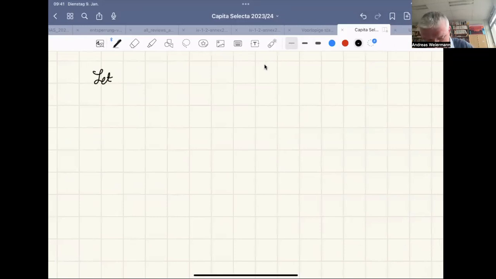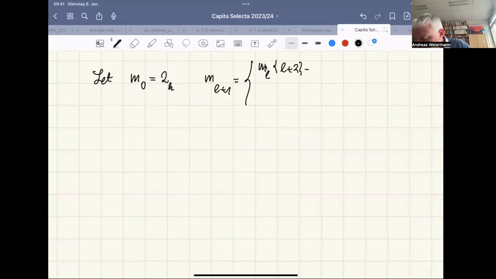Now, let M0 be equal to 2 index K, and M_{L+1} equal to, take M_L, and I replace L plus 2 by L plus 3 and subtract 1 if M_L is different from 0, and 0 otherwise.